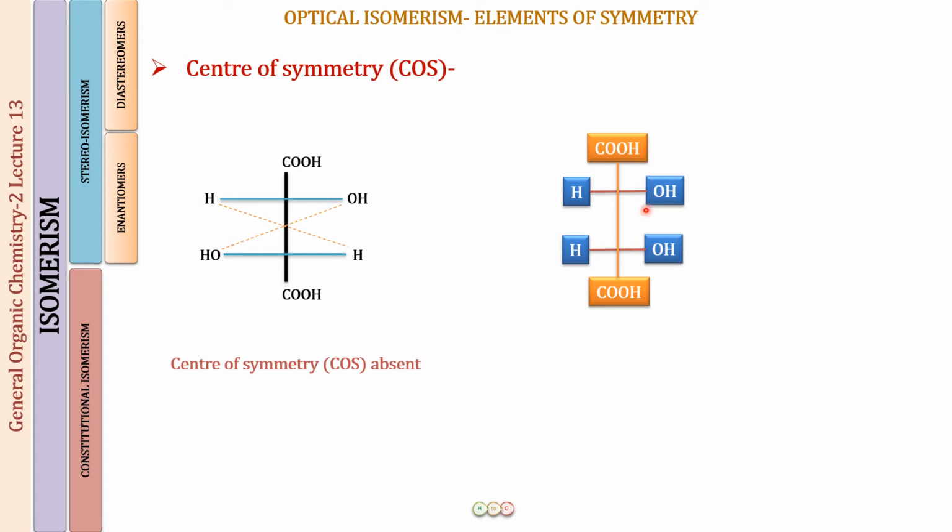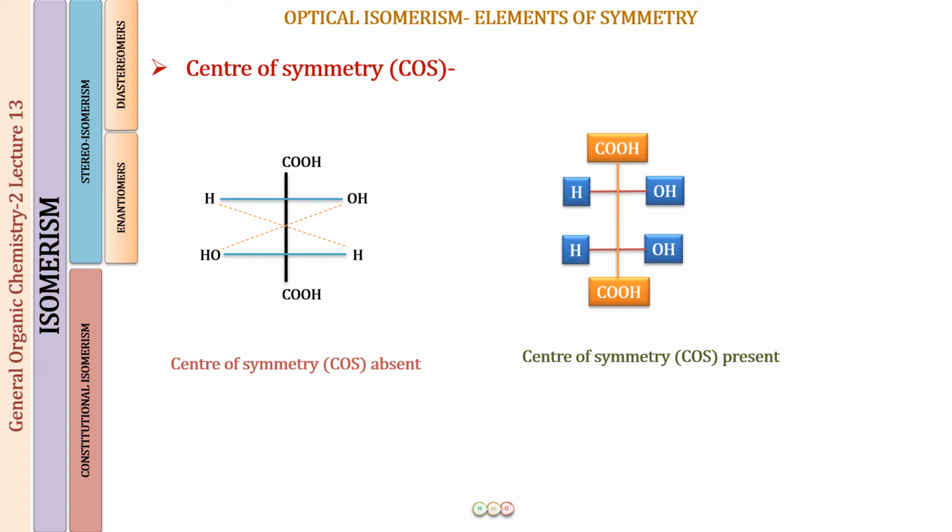And along with that, if you consider now, this is again a Fischer projection. And in the Fischer projection, when you think about a center of symmetry, if I move to this side, I will find a hydrogen, and on the other side an OH. So you will say that in this molecule the center of symmetry is absent. But actually, the center of symmetry is present in this molecule.